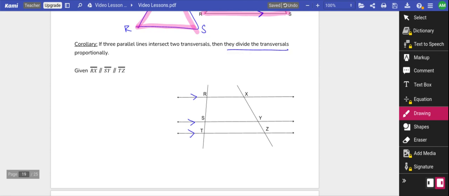And since it divides those transversals proportionally, I could say that RS is proportional to ST, and that XY would be proportional to YZ.